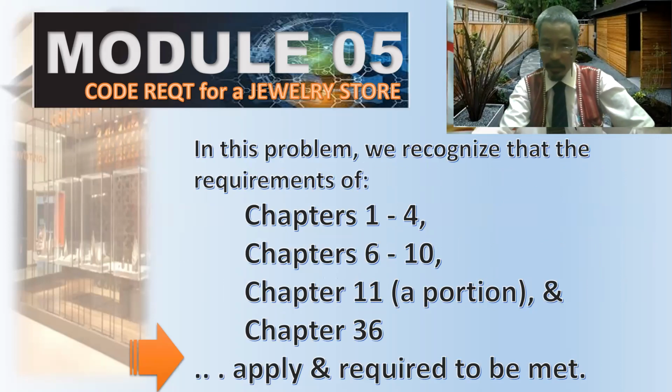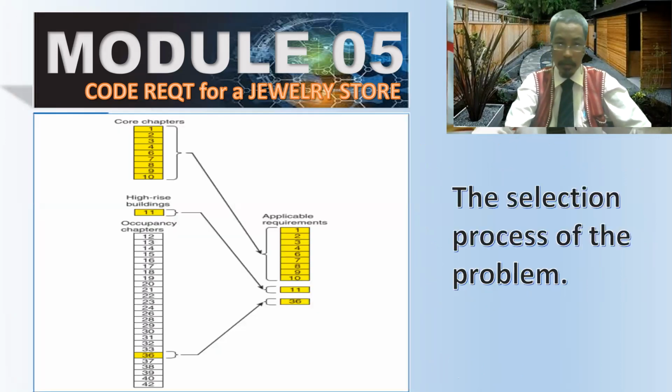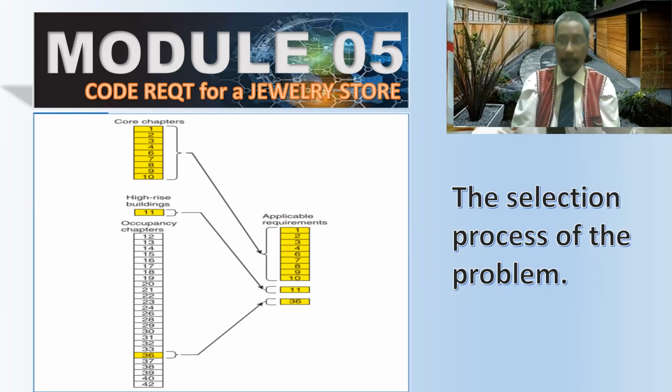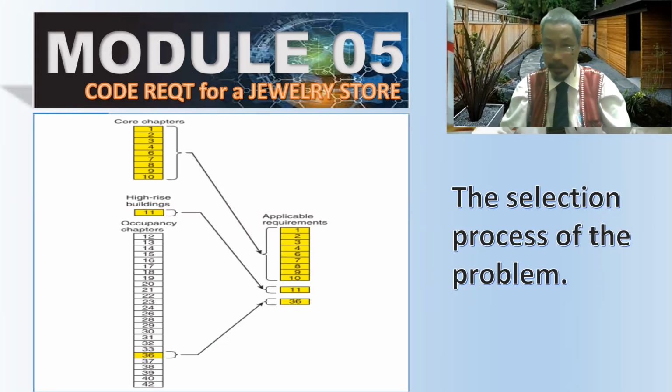So all of this. Okay. And because of this, we can summarize using the figure. Okay, chapter 1 to 4. What is chapter 5? That is performance based. So that is not prescriptive. So we are using prescriptive type of design here. So we are done with our design requirement. We are done with the process.